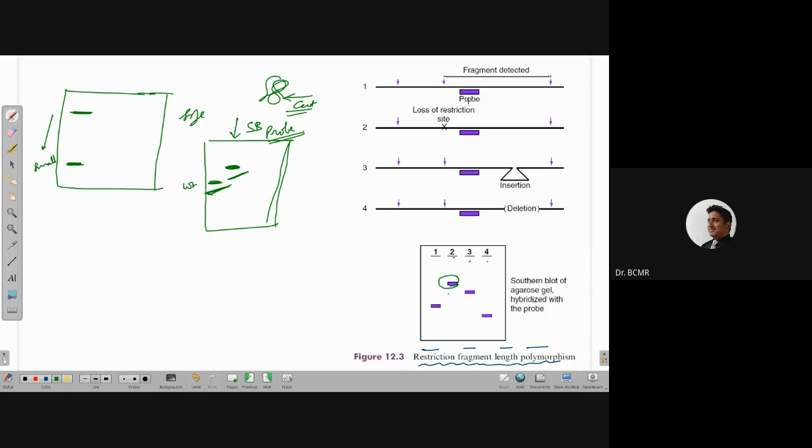Say, for example, here is the probe. I will say this is a 2 kb and this is a 4 kb fragment. Here is a restriction site, here is another restriction site, and here is another one.